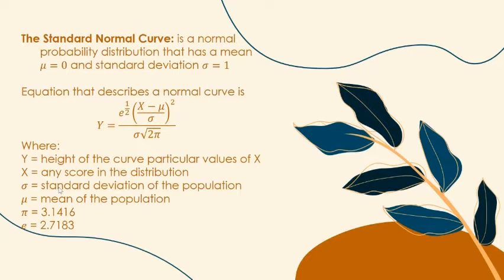The sigma is the standard deviation of the population. Your mu is the mean of the population. Your pi is a constant value, 3.1416 and so on. Your e is also a constant value, 2.71828.